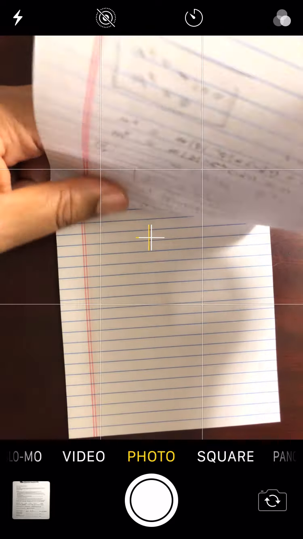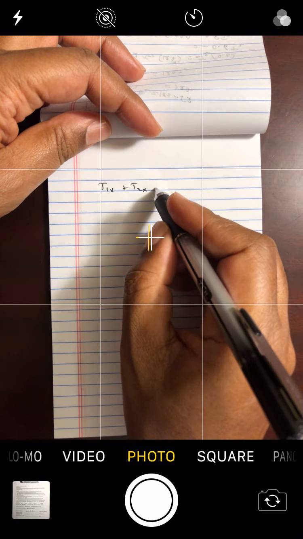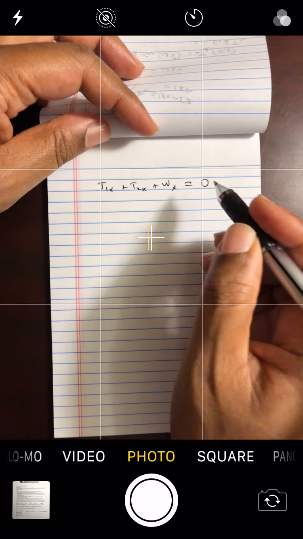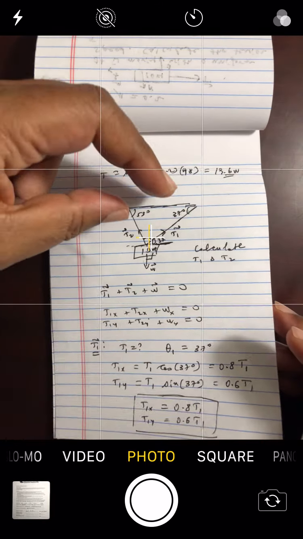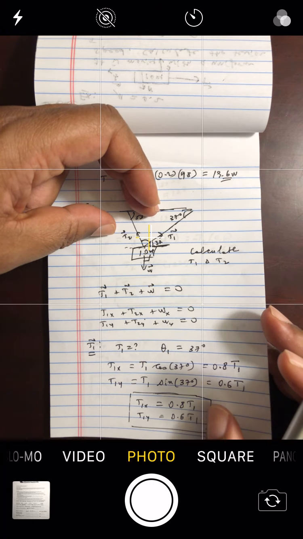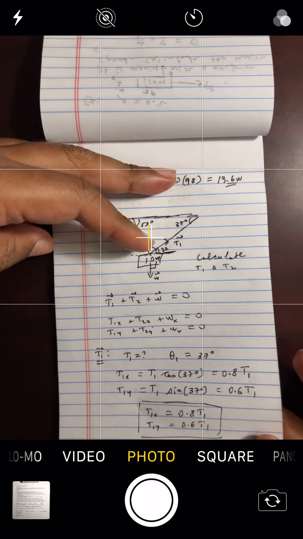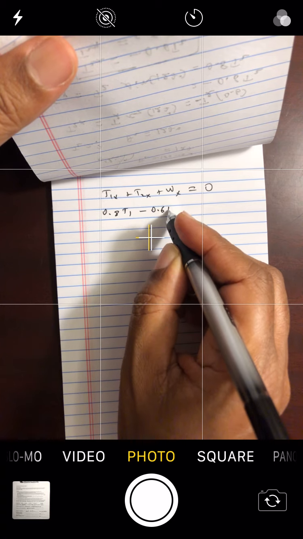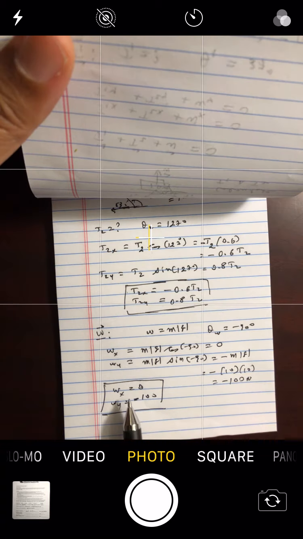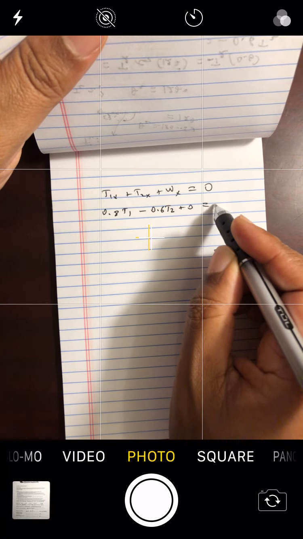Now we have expressed T1x in terms of the magnitude T1, and this will be over here. T1x equals 0.8 T1. And T2x is over here, negative 0.6 T2, so you've got minus 0.6 T2. The x component of the weight is 0. It doesn't have a horizontal component, so you've got plus 0 equals 0.